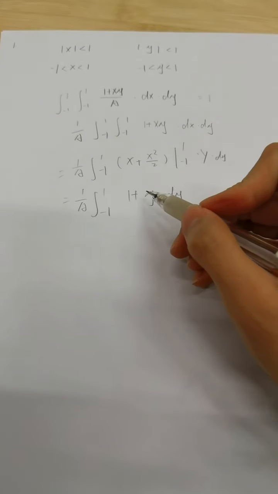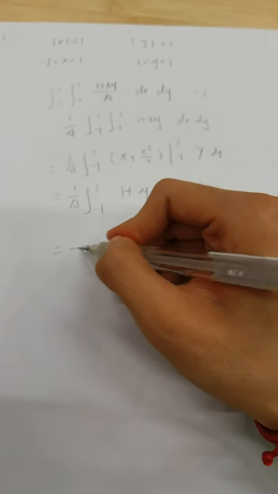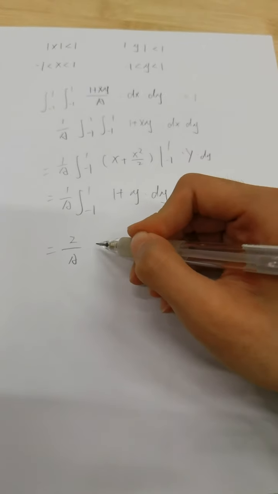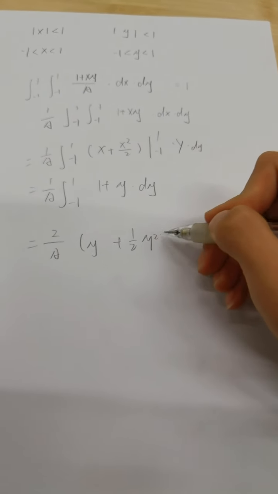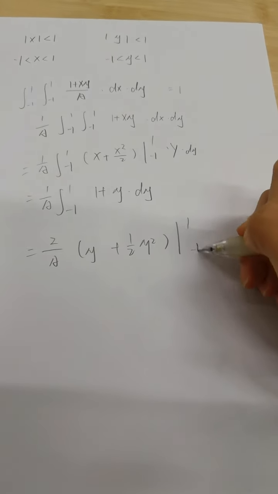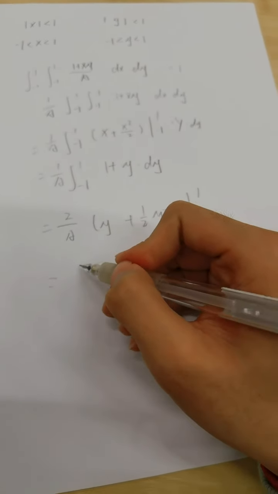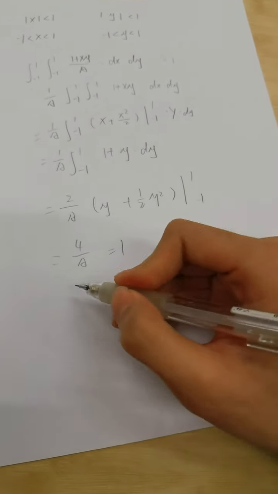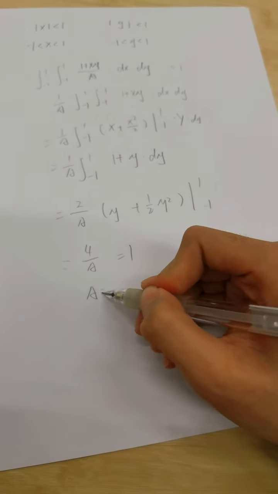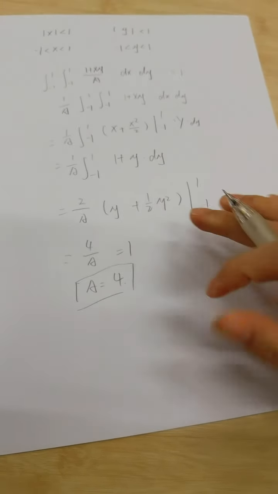After that, we integrate with respect to y. We can calculate the result, from 1 to 0. When we put this into the equation, we get 4 divided by A, and this is equal to 1. So A is equal to 4. So the first question is solved.